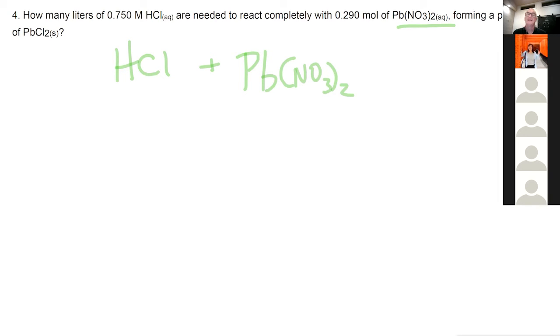It's a basic metal. Lead is a transition metal. So we have to say what the charge is. So what would the charge on lead be in this compound? Lead 2. Right, lead 2. Nitrate has a charge of -1. So these two are, what does this mean? AQ. Aqueous solution. Right, it means they're aqueous solution. But what does that mean?